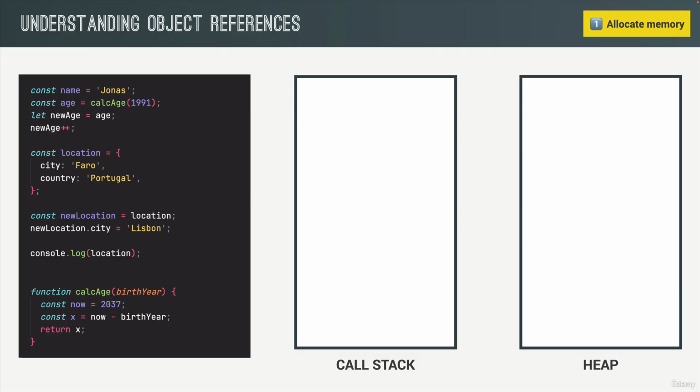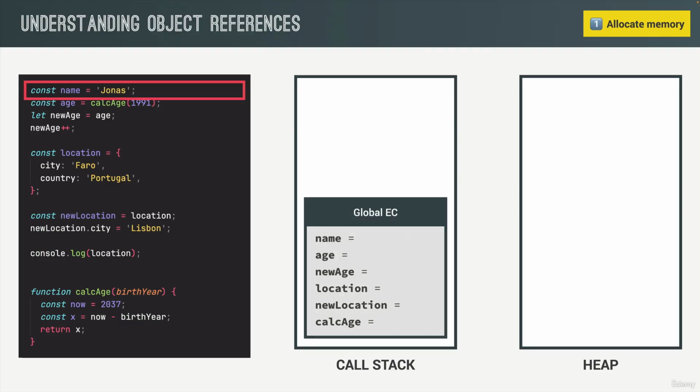So, when the code starts executing in the first line, the global execution context is placed on the call stack and the value of the variable name is set to Jonas right in the variable environment of this execution context. That's because Jonas is just a string, which is a primitive, and so, therefore, this value is stored right here in the call stack. Now, technically, these primitive values are stored in the variable environments of execution contexts, but since these actually live in the call stack, we just say that primitive values are stored in the stack.